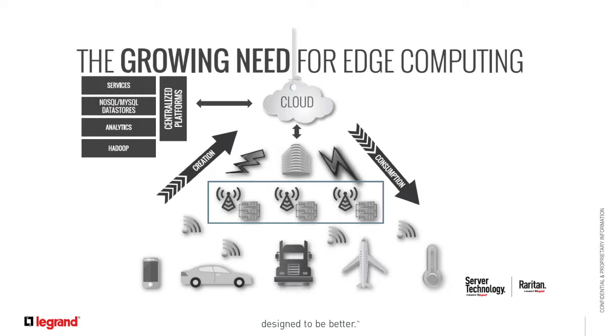Okay? Consequently, we're going to need some way of condensing and prioritizing and delivering traffic at a more localized level. And that is the purpose of edge computing, or the mission that it is intended to fulfill.